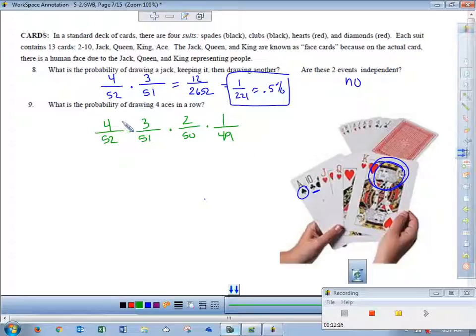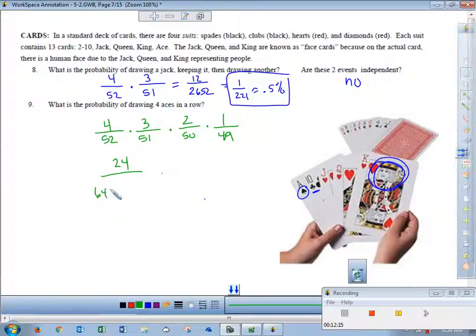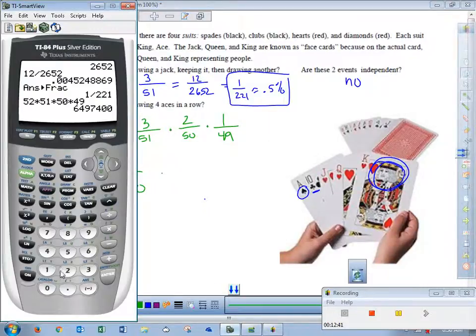So that's 24 out of, yikes, this is going to be a big number, 52 times 51 times 50 times 49, which is 6,497,400. Throw some commas in there, and now let's reduce that.